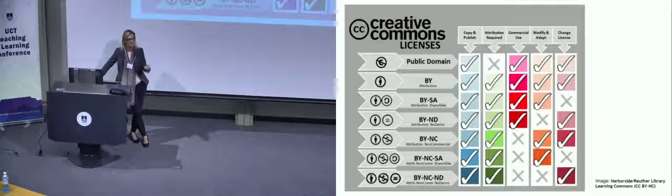So it gives them the right to distribute, to adjust the materials, and to use the materials as they want in their teaching or in their context. So that's what Creative Commons enables, and it's globally recognized, and currently we're looking at around 2 billion works that are licensed with Creative Commons licenses. So this is not a small endeavor, this is massive.